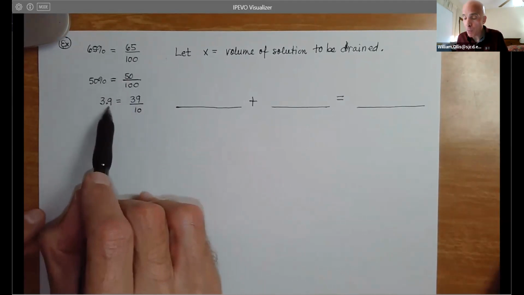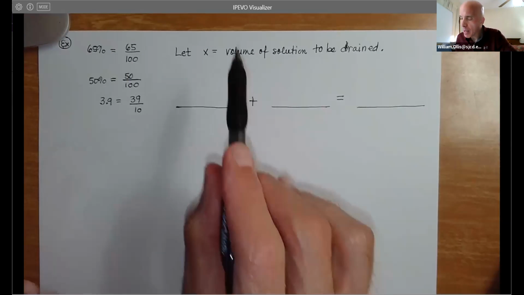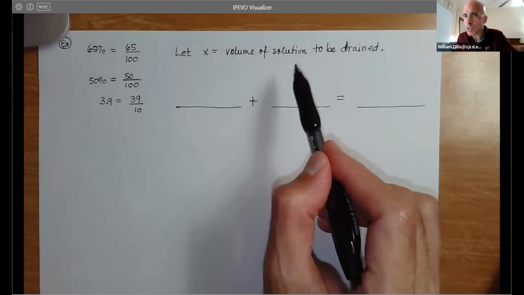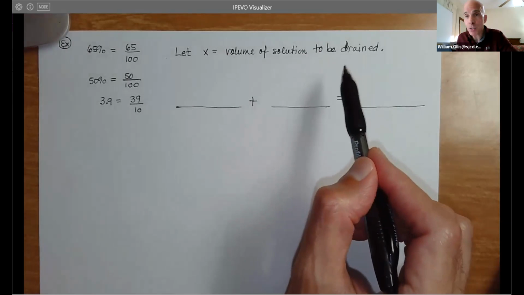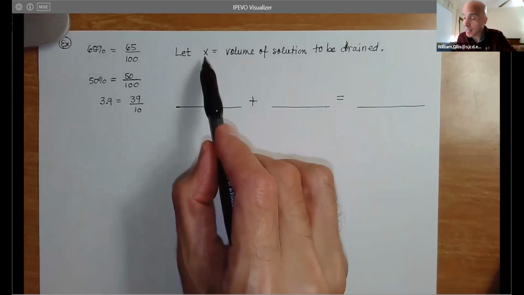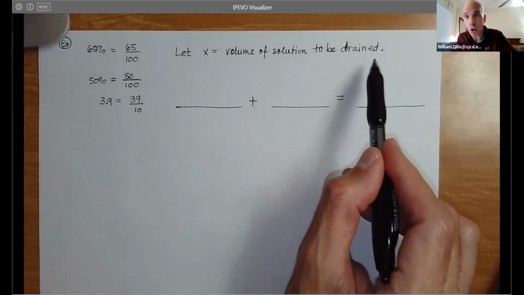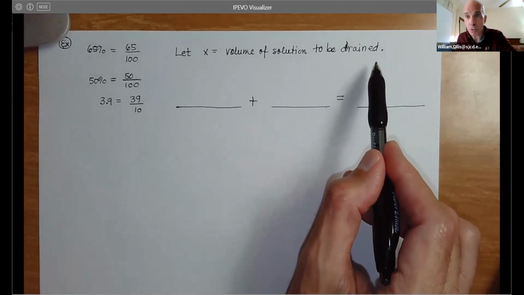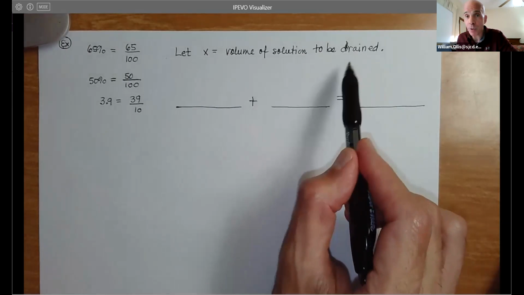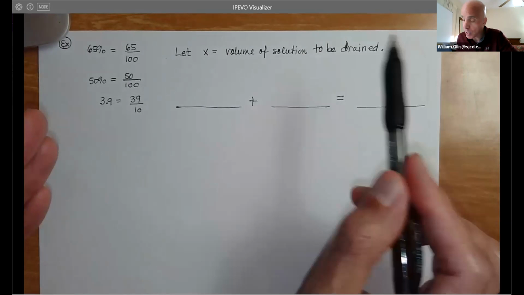And then, of course, 3.9 is 39 over 10. Now, the unknown: the problem says how much of the solution should be drained and replaced with water to decrease the concentration. And so we just let X be the volume of solution to be drained. That will automatically correspond to the amount of water to be added. So if you define your variable as the volume of water to be added, that would be fine too. It's not going to change anything.